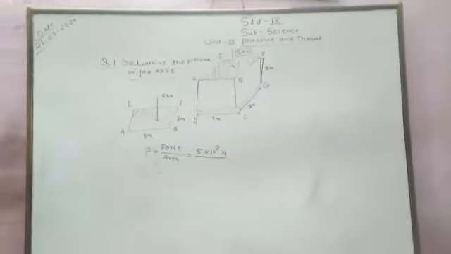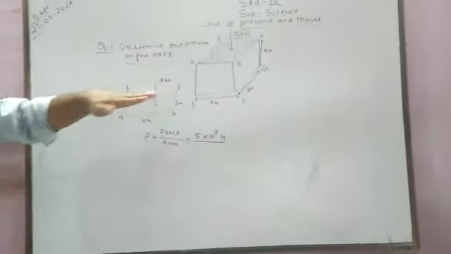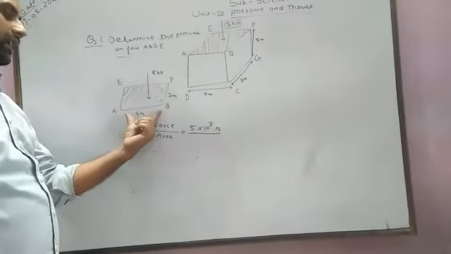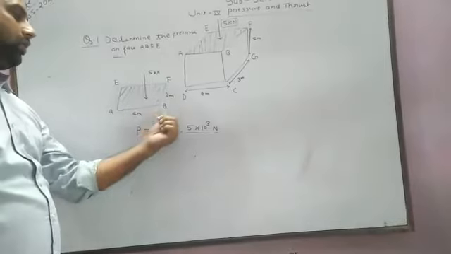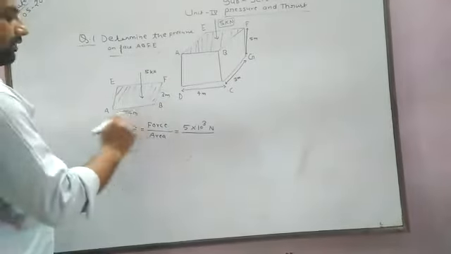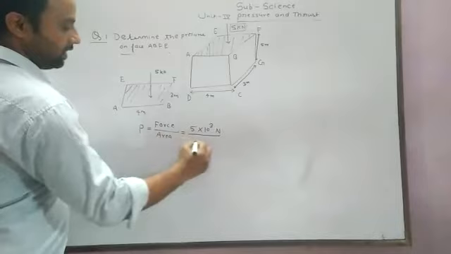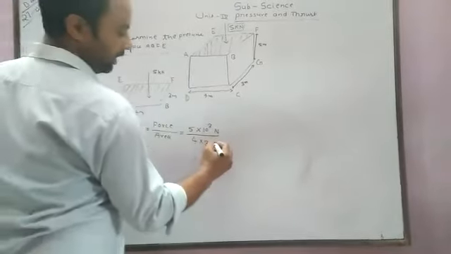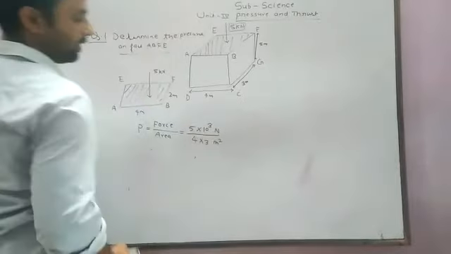Which area do we have to take? The surface area of this face, because this surface is rectangular, is AB into BF. This is called the surface area, and this surface area is 4 into 3, in meter square.